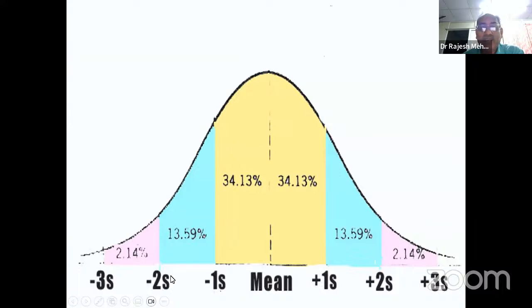Suppose you want to talk about height, and on the y-axis there is the number of individuals showing a particular height. I will repeat twice: while drawing this diagram, on the y-axis it is the number of observations, while on the x-axis it is an observation which is measurable, like height, weight, hemoglobin level, etc.